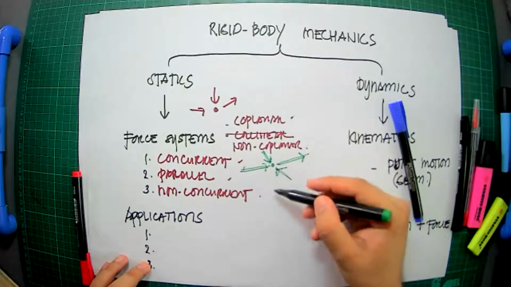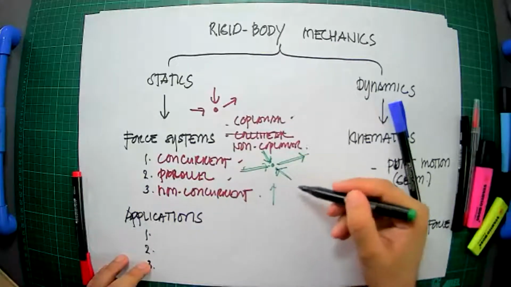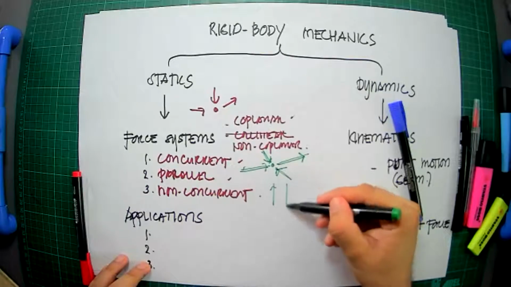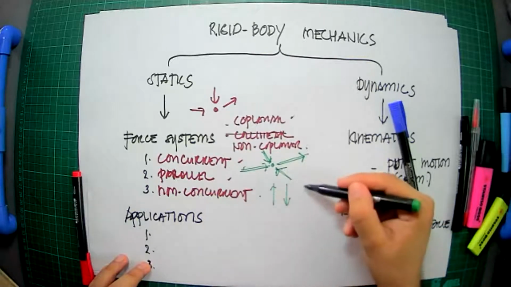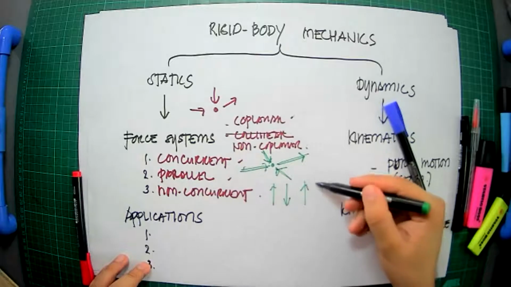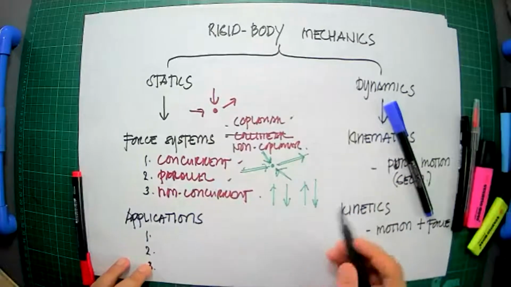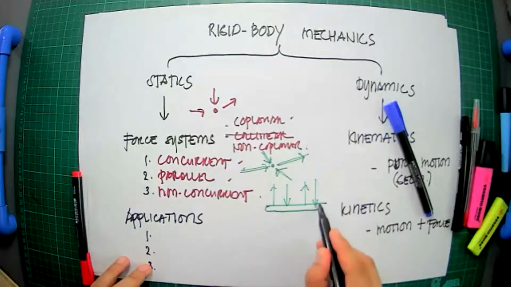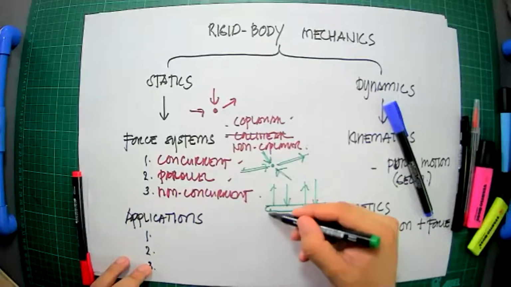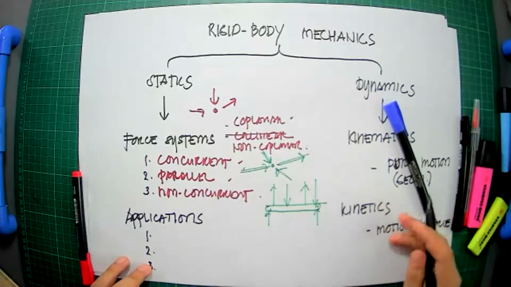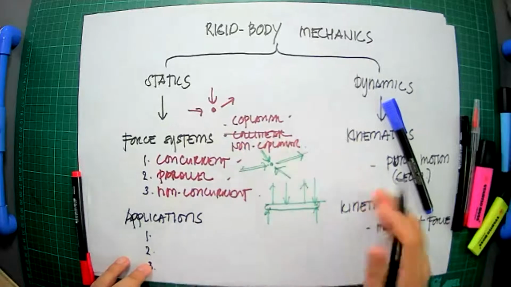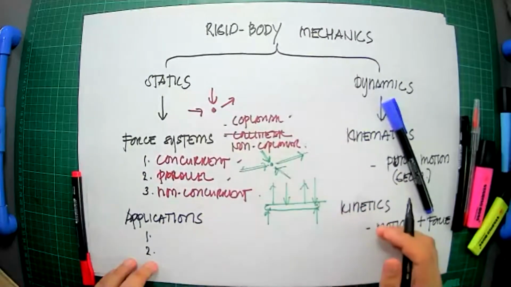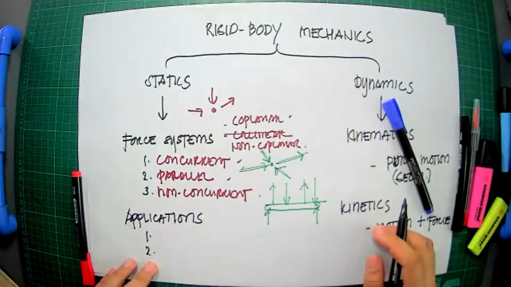Next is parallel. Of course, if the force or set of forces or the force system is in parallel with each other. Just like, for example, in the study of your beams, okay? Most beams carry parallel forces. These are forces that are parallel and do not intersect with each other, okay? Those are parallel force systems.